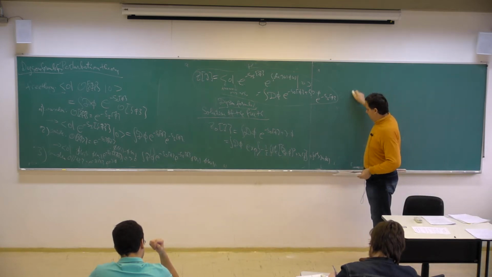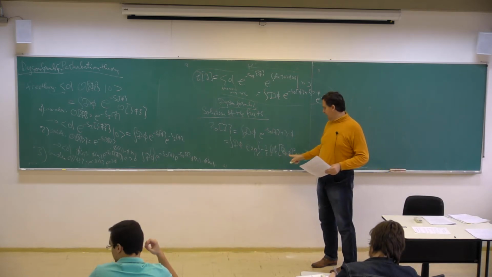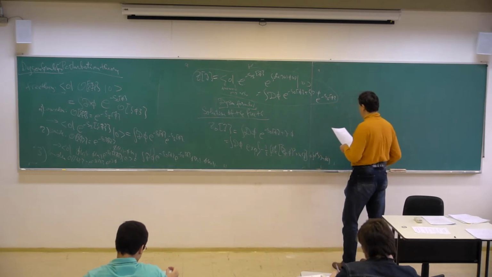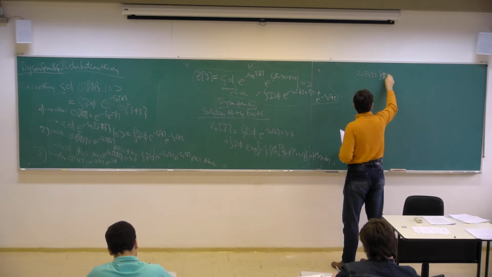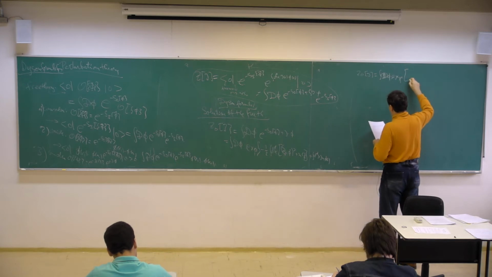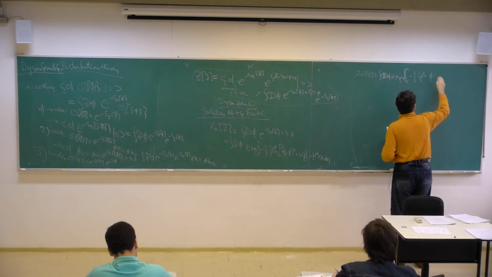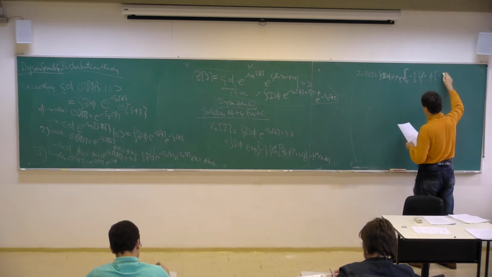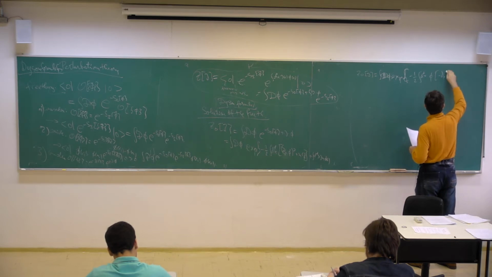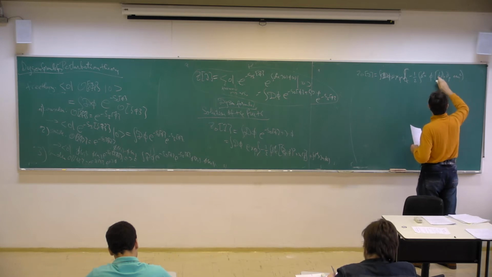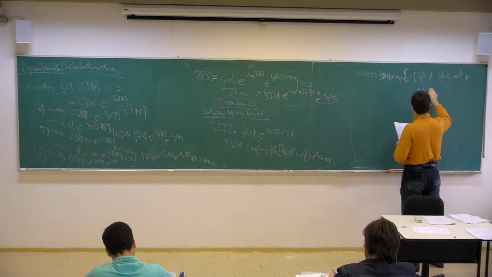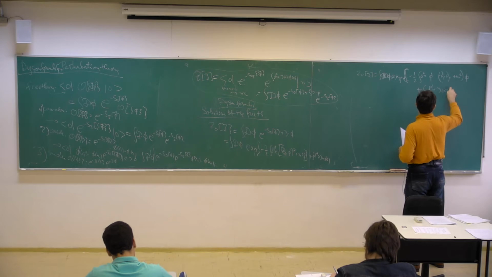But now I want to partially integrate in here to write this as phi operator phi. So Z0 of J is the integral d phi, exponent minus a half integral dx phi, then minus d_mu d_mu plus m squared, like this, plus the integral dx J of x phi of x.